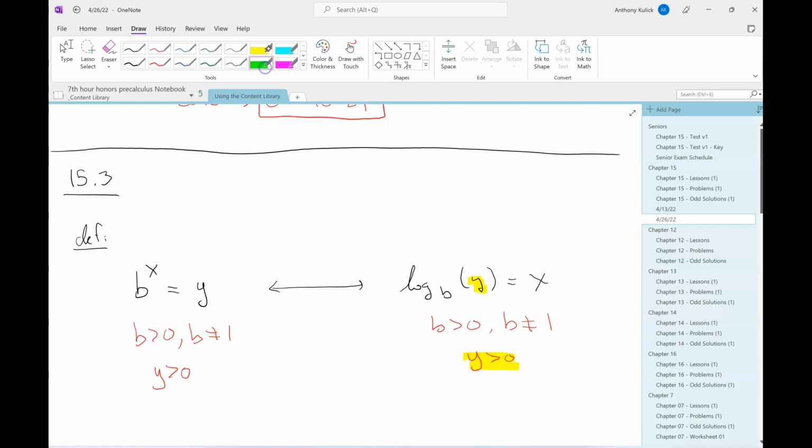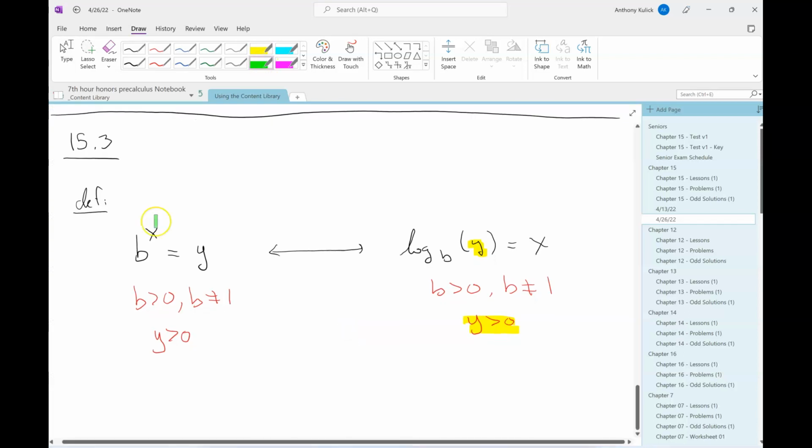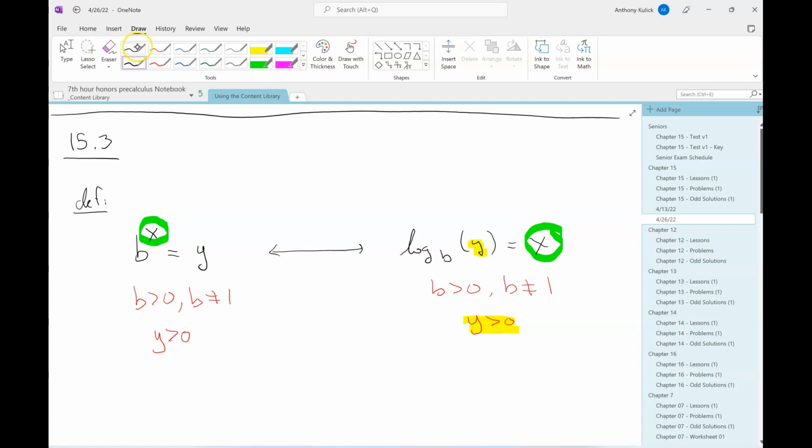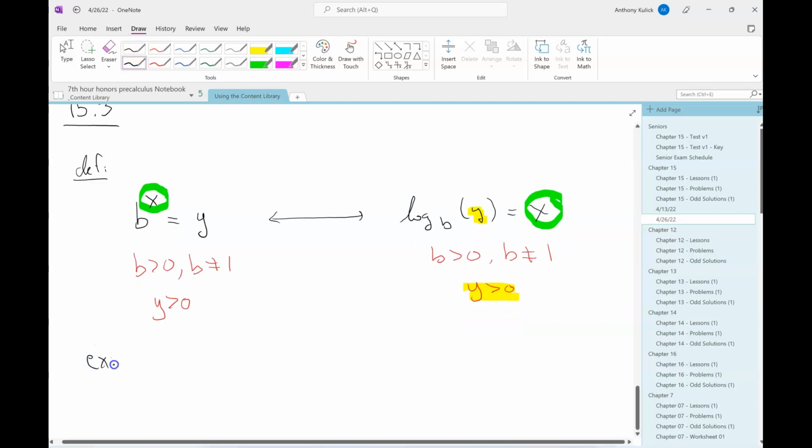All right, so what is this logarithm really saying? Well, it's the answer to an exponential equation. If I asked what power of b gives me y, that power of b is log base b of y. Or in other words, if I ask, what power of 2 is equal to 3? Well, that power of 2 is log base 2 of 3. That's just the name we give to that number.